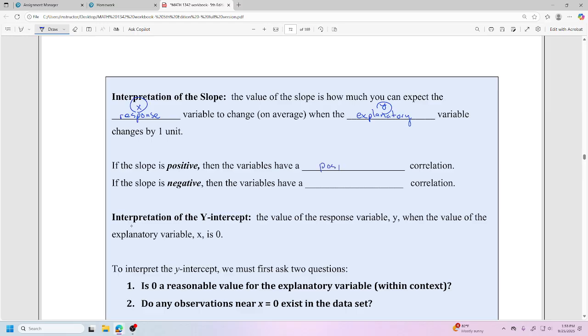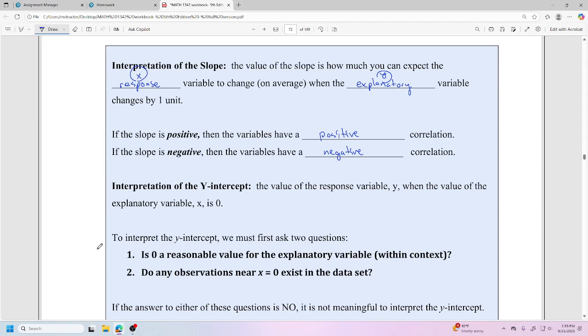Positive means positive, and negative means negative. I'm just filling in the blanks. Positive with positive, negative with negative. Good to go?